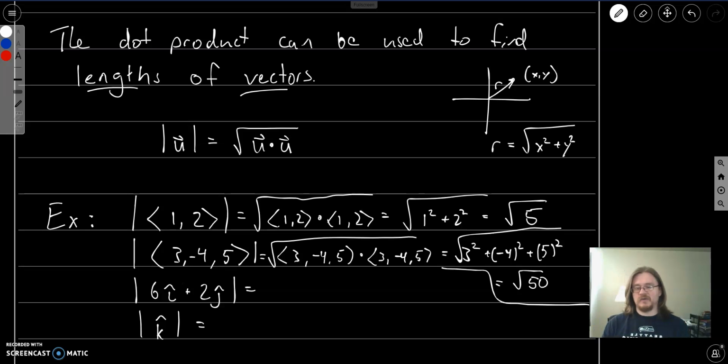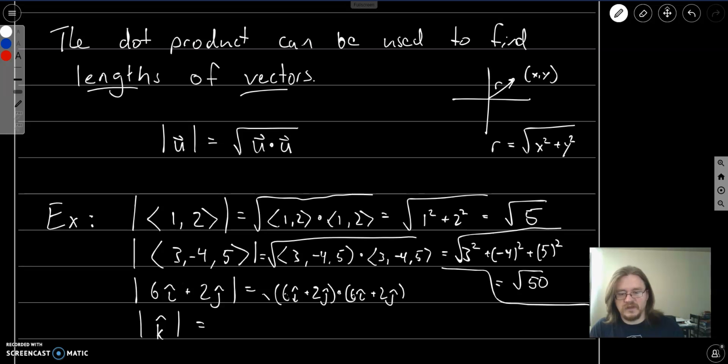Here, if we want to take the dot product of 6i plus 2j with itself, again, we'll get the square root of 6 times 6 is 36, 2 times 2 is 4.